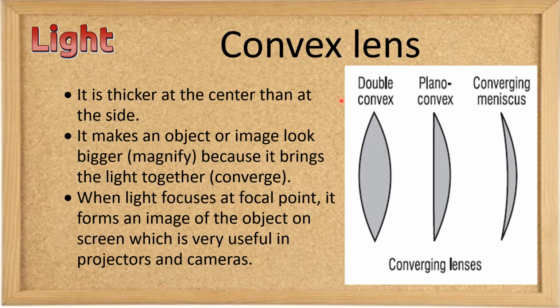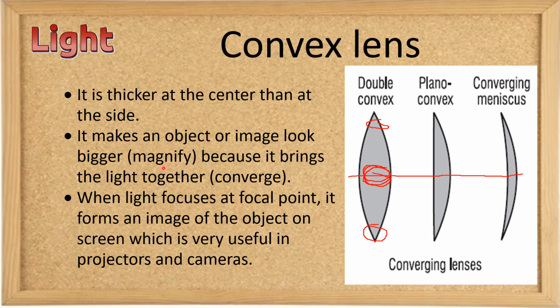So your convex lens is thicker at the center than the side. That means if we are going to divide your lens here, this is the center that the meaning is talking about, wherein it is thicker than the side of your lens. Number two, it makes an object or image look bigger. Another word is magnify.